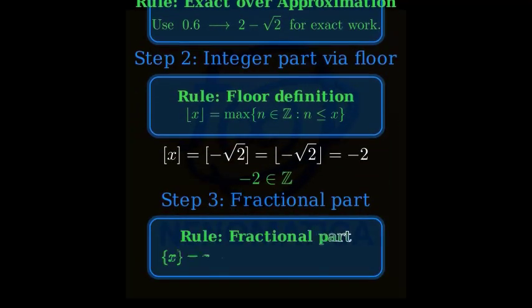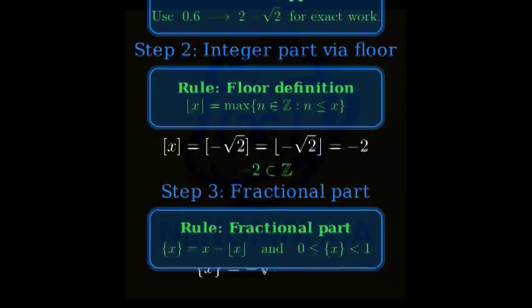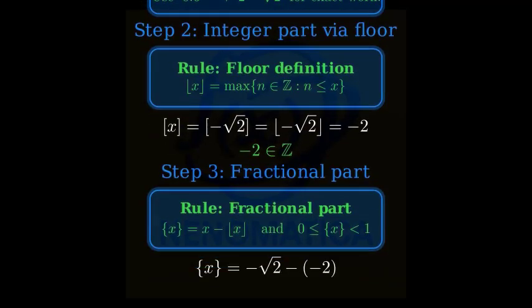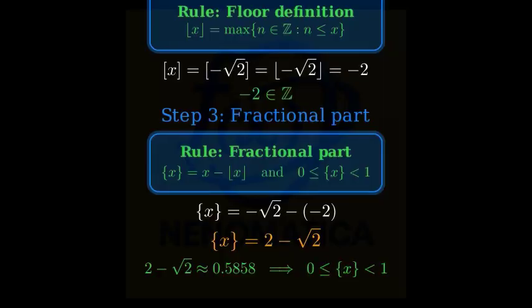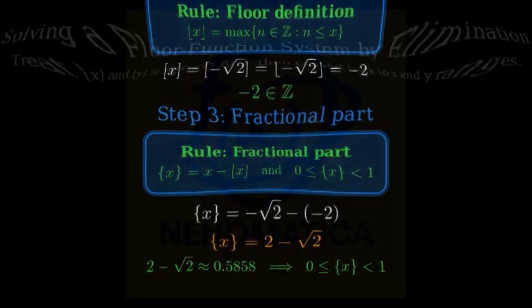It is defined as x minus its floor, and always lies between 0 and 1. Substituting the values gives fractional part of x equals negative square root of 2 minus negative 2, which simplifies to 2 minus square root of 2. Numerically, that is about 0.5858, satisfying 0 less than or equal to the fractional part, and less than 1.